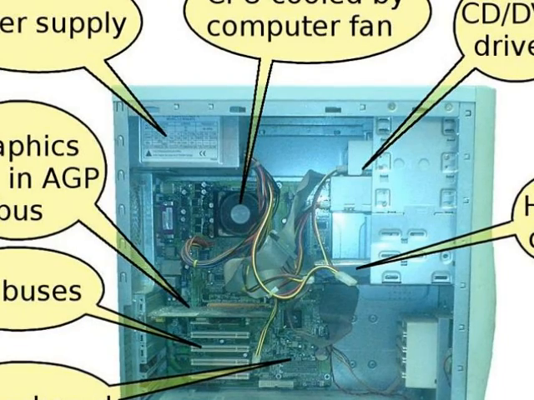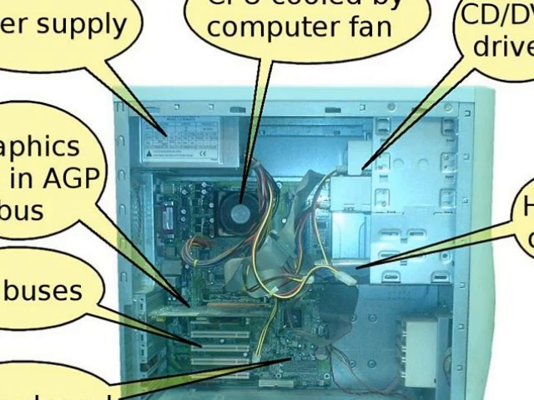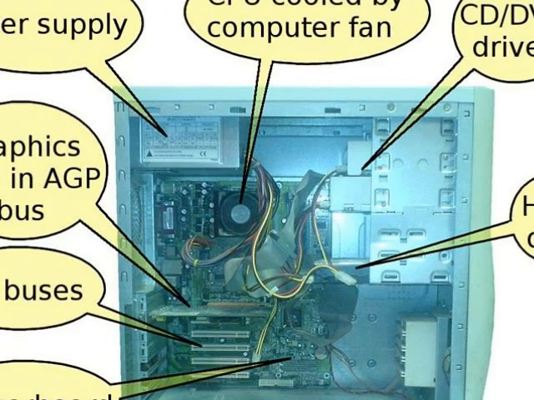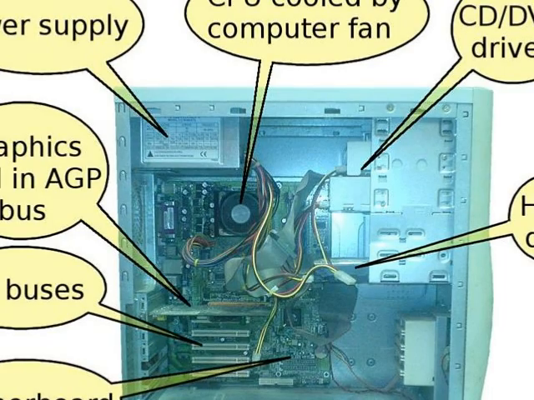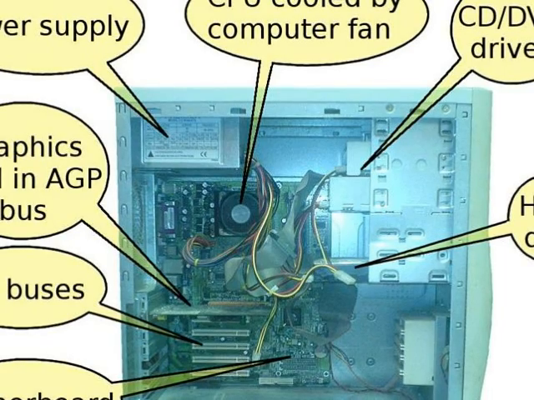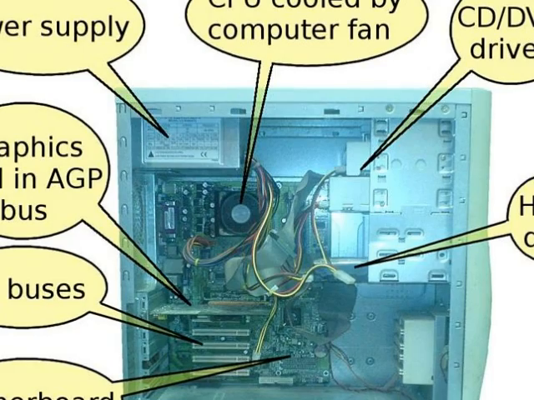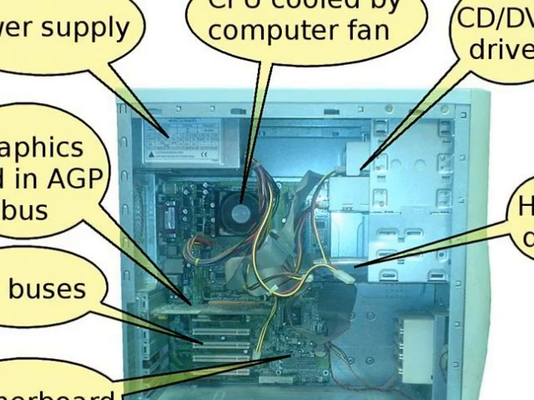The Central Processing Unit, called the CPU, performs most of the calculations which enable a computer to function. It is sometimes referred to as the backbone or brain of the computer.